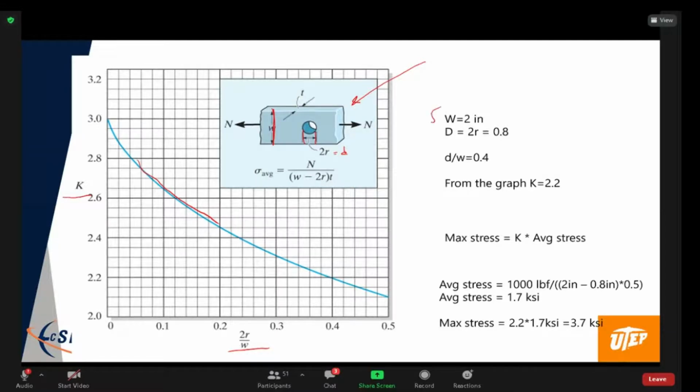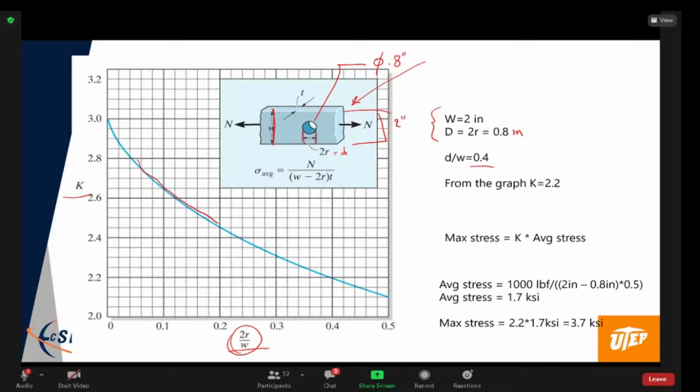So let's pick some numbers. Let's say we have this dimension here equal to 2 inches, and the diameter of the hole equal to, not 0.08, but 0.8 inches. So the radius is 0.4 inches. I should have inches here. Okay, so we want to compute this factor 2R over W, or the diameter over W. It turns out to be 0.4.